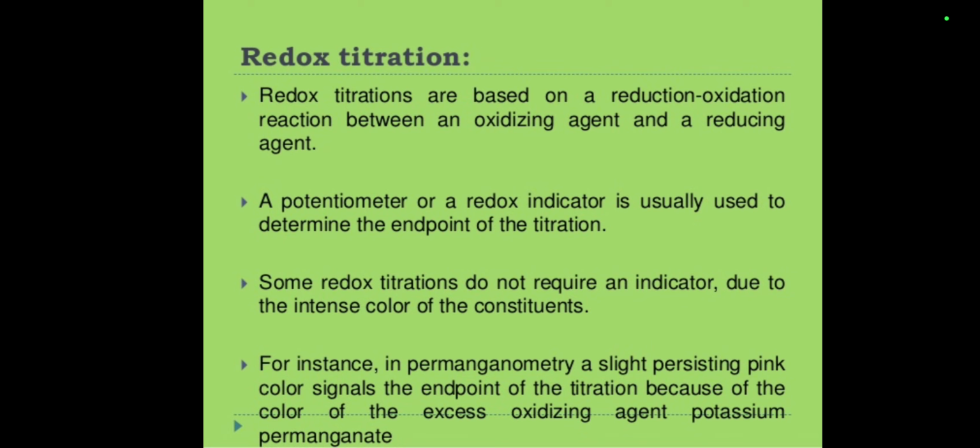Okay, so now let's proceed to another type of titration. We have redox titration, and it is quite different from acid-base titration. Why? Because redox titration is based on the reduction and oxidation reaction between the oxidizing agent and reducing agent.